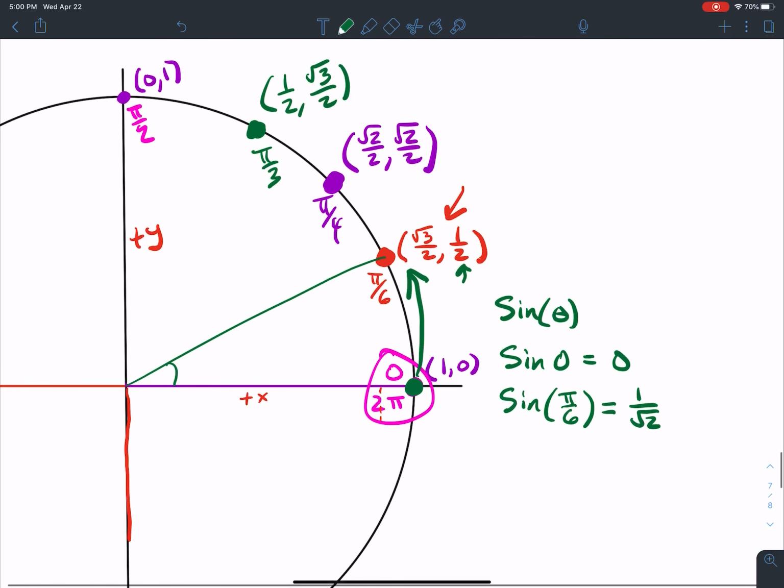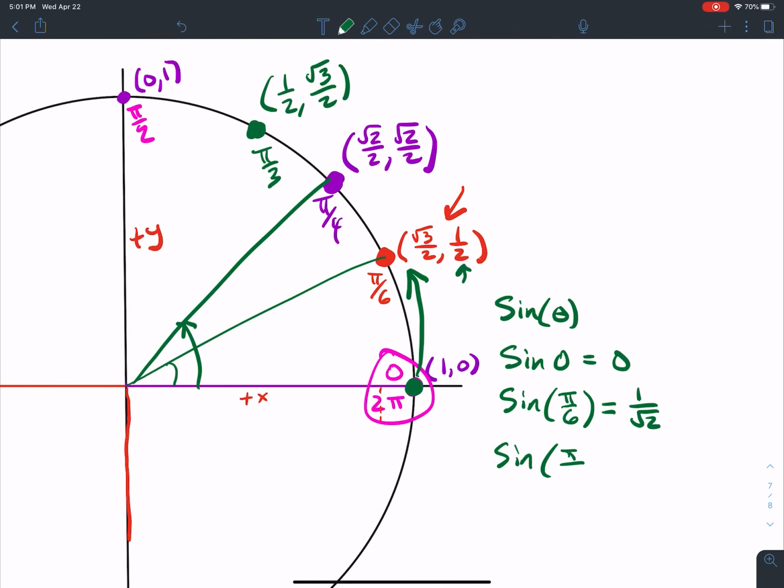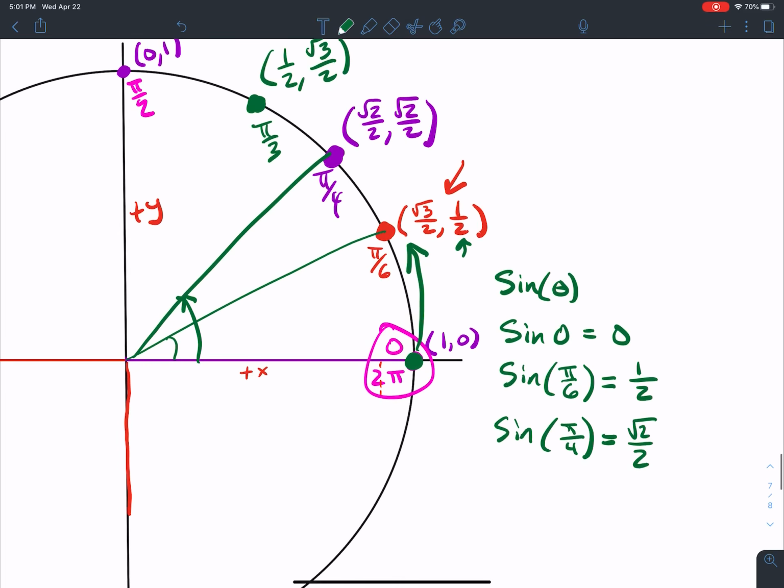And as I build up further, I keep going up, I get sine of pi over 4. Okay, sine of pi over 4. This is what? This is square root 2 over 2. Okay, I messed up on that first part. This is not 1 over square root of 2. This is 1 over 2. Okay?